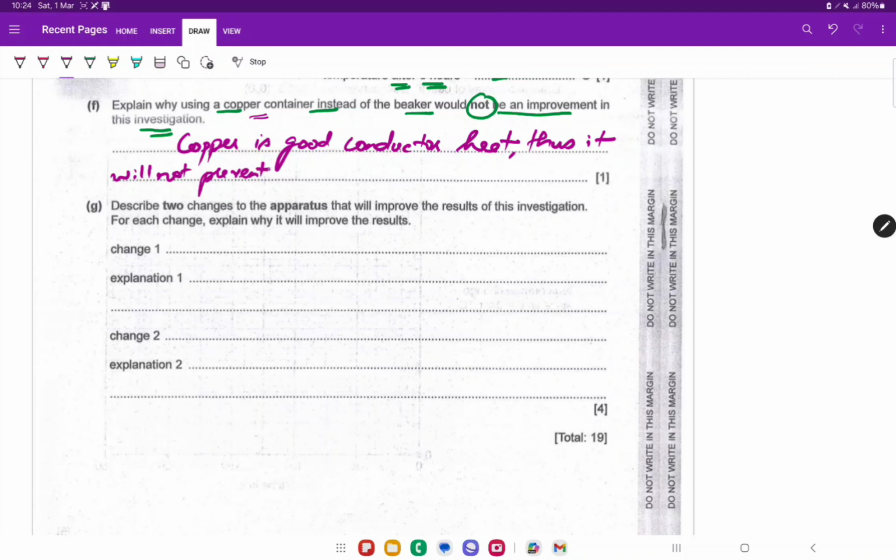More heat will be lost to the surroundings by using this. So more heat loss will take place, hence it is not a good improvement. I hope the answer key will have: more heat loss to the surroundings will take place, thus it is not a good improvement.